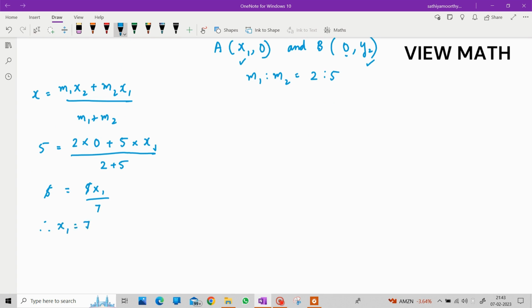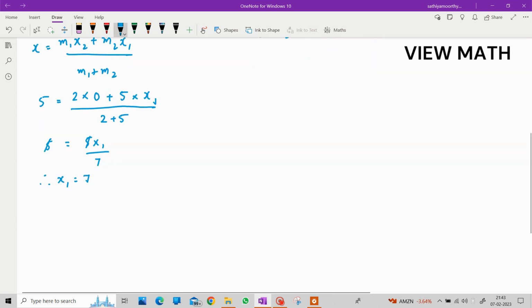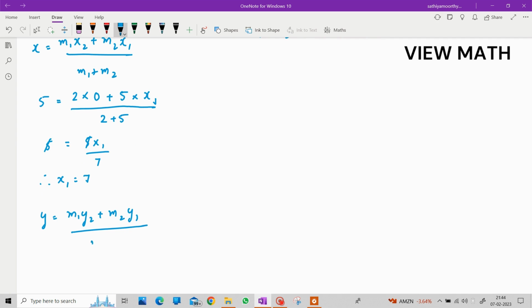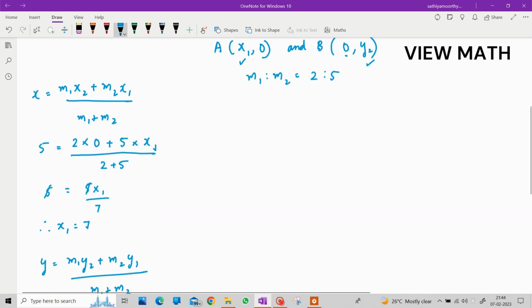Now let me find out y2. Again we want to use the section formula. Y is equal to (m1 y2 plus m2 y1) by (m1 plus m2). So we know that y is minus 4. Let me substitute: minus 4 is equal to m1 is 2 into y2, which I need to find out, plus m2 is 5 into y1. y1 is 0, you can see y1 is 0.